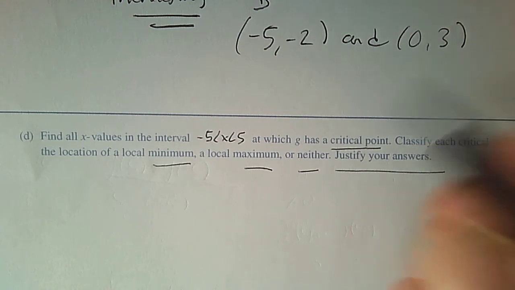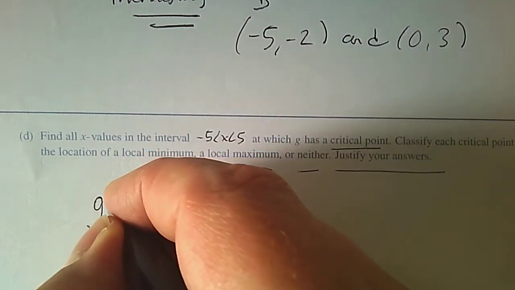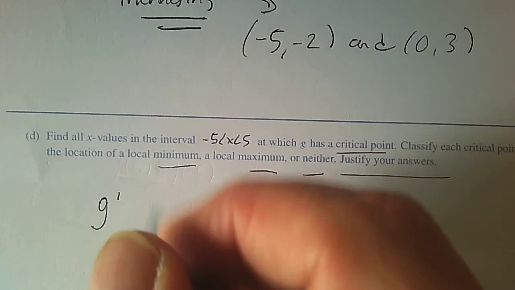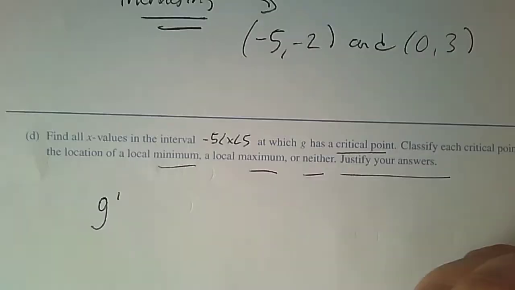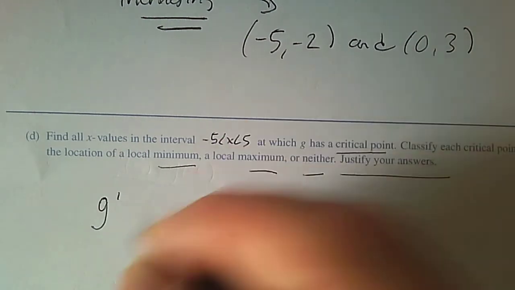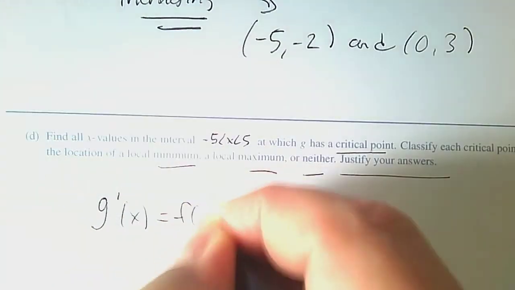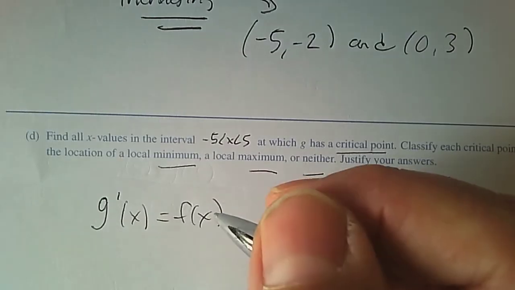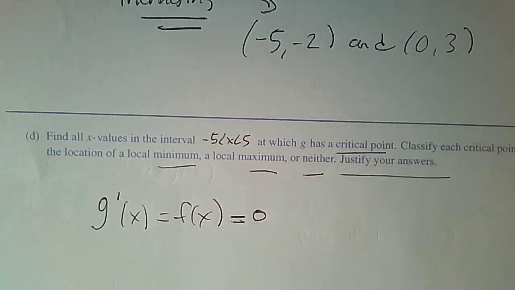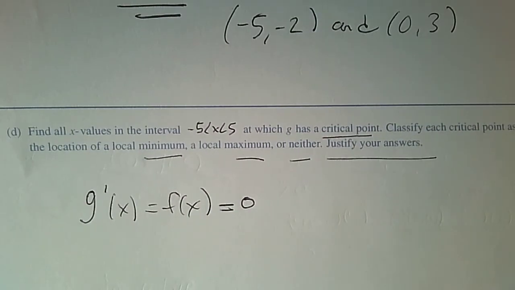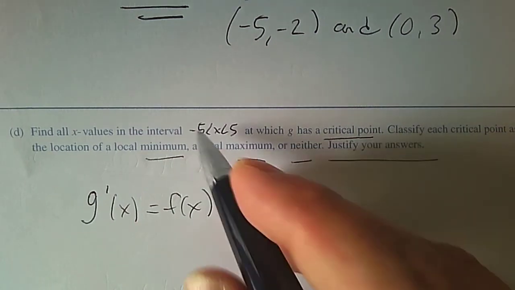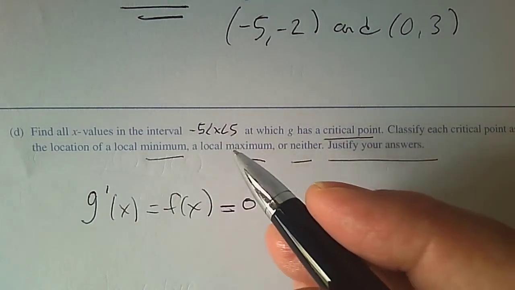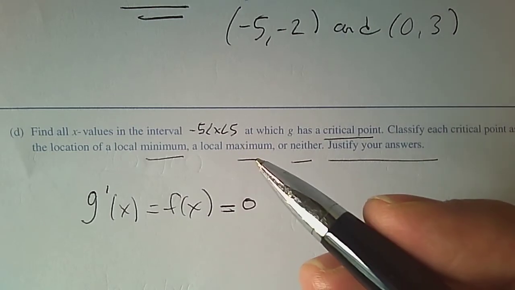So for g, I would have to take the derivative, or find where it is undefined, to understand the critical points. We already said the derivative of g at x is f at x, and we're going to make it equal to 0 or where it's undefined. Now, it's defined for the whole graph from -5 to 5, so there are no discontinuities there.